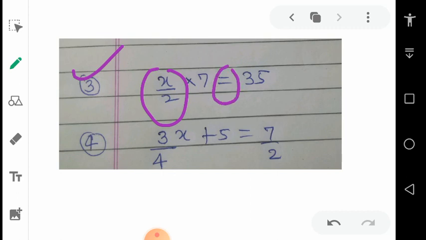Whenever in linear equations the question says that something gives something else, gives means it is equal to, always translate in this way. So we have half of x multiplied by 7 gives 35. So this is the equation.